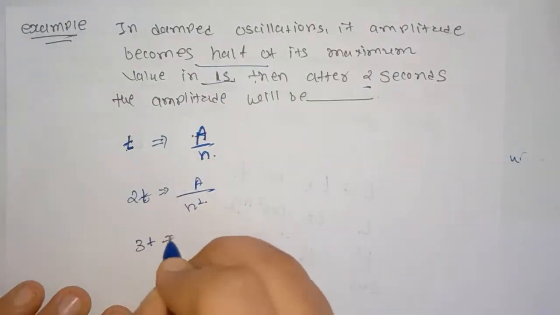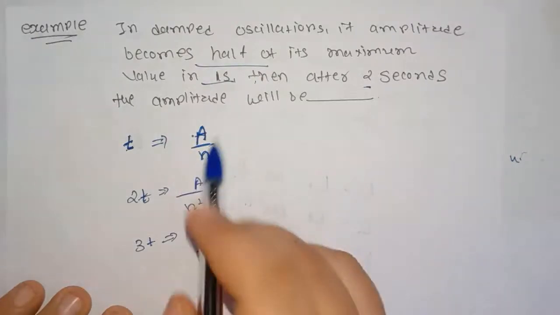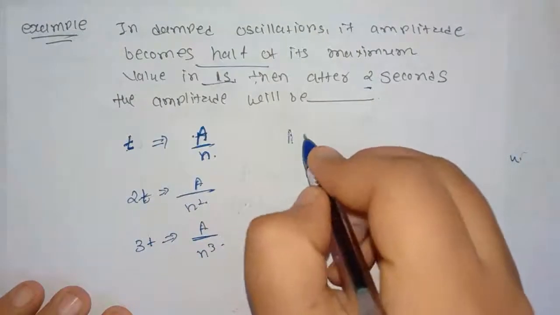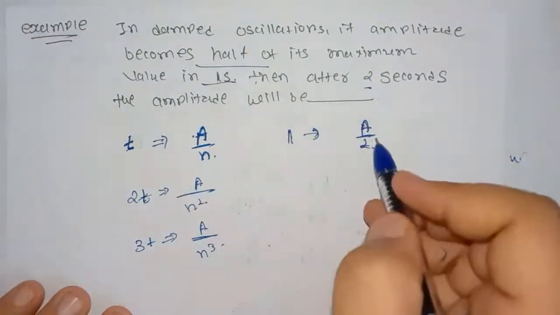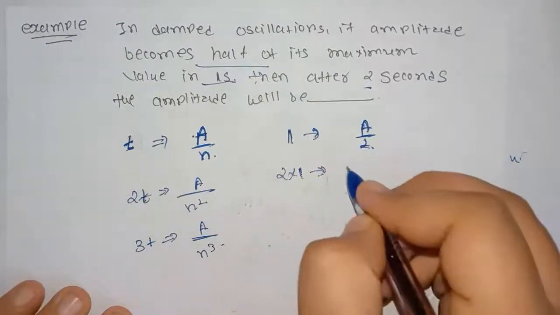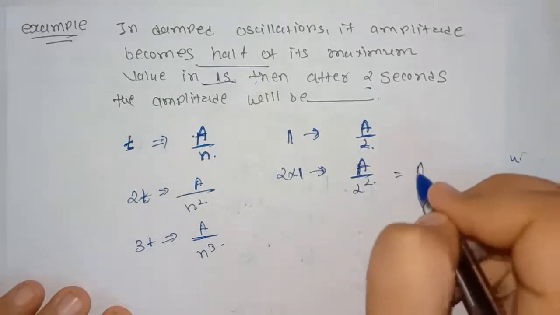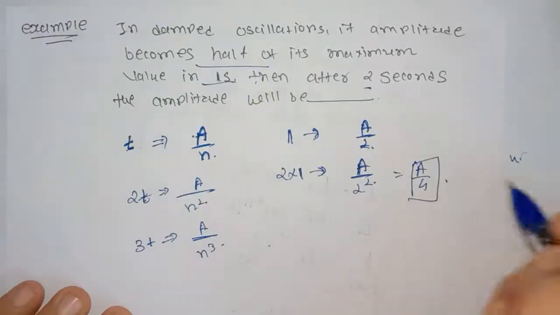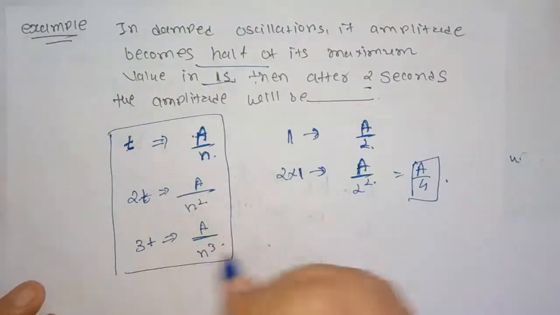After 3t times, the amplitude will become a by n cube, and so on. Here, after 1 second, the amplitude is half, that is a by 2. So after 2 into 1, that is 2 seconds, the amplitude will be a by 2 square, that will be a by 4. So this will be our answer. Remember this as a shortcut.